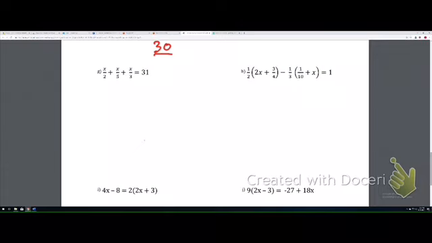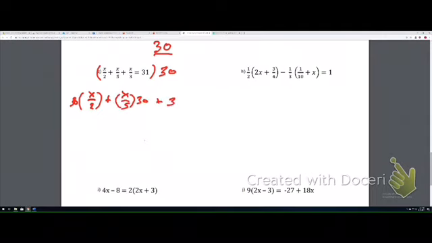So now that we've found that our least common multiple is 30, we can now multiply each side of the equation by that least common multiple. So we're going to multiply the entire equation by 30. Doing that, we're going to end up with x over 2 times 30 plus x over 5 times 30 plus x over 3 times 30 equals 31 times 30.